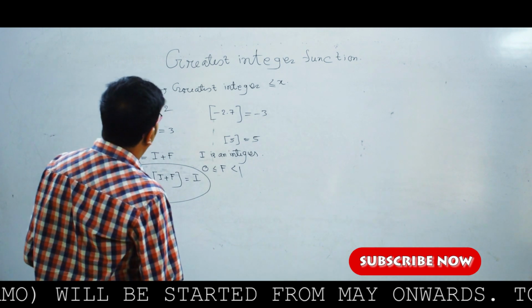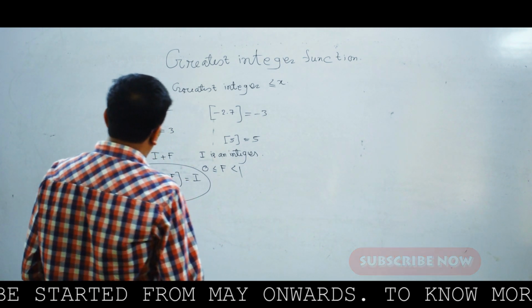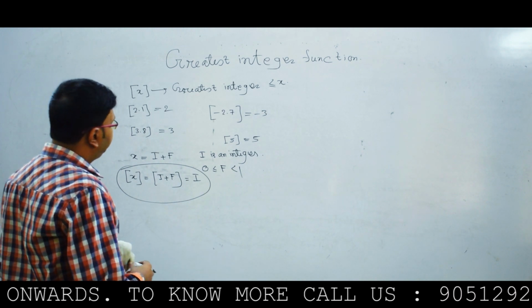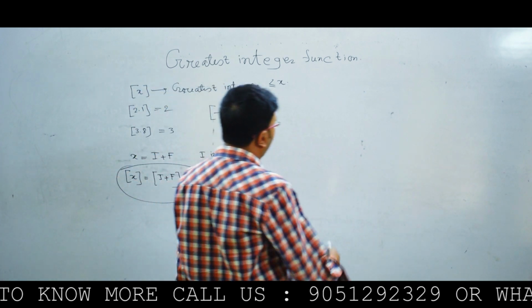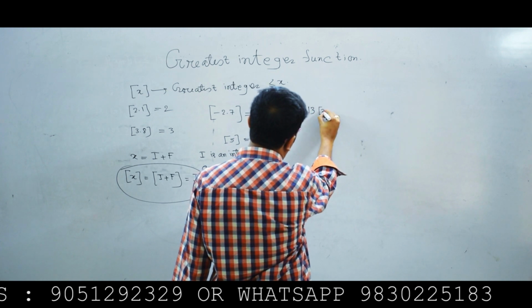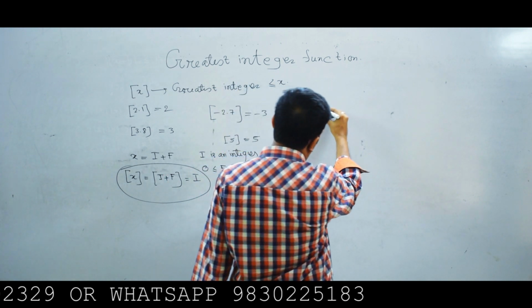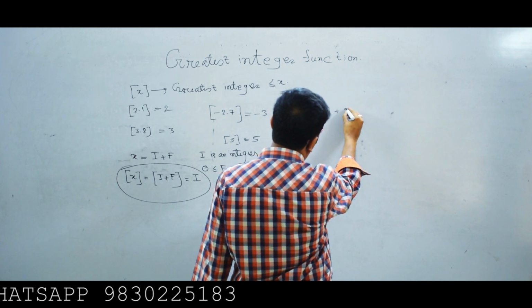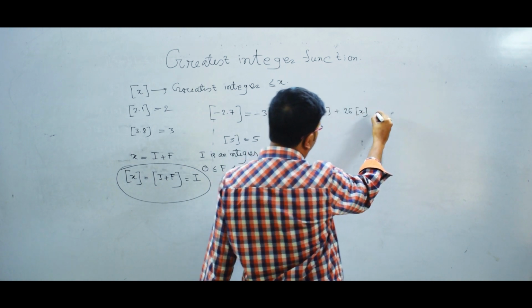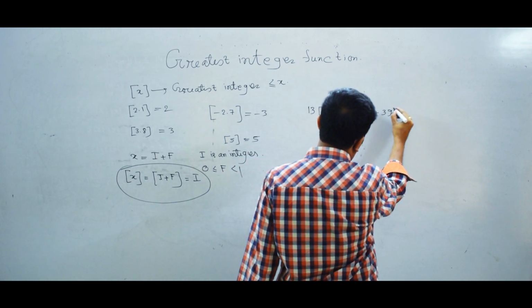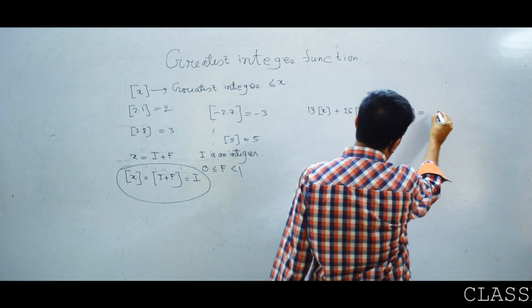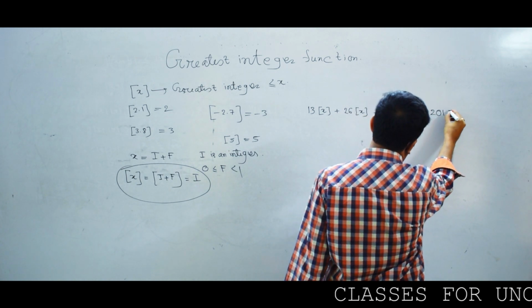Now I'll discuss some problems on the greatest integer function. First of all, 13 into box x plus 26 into box x plus 39 into box x square equal to 2019.